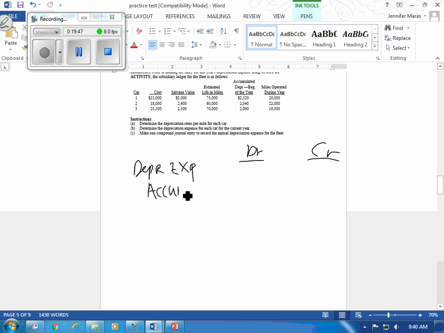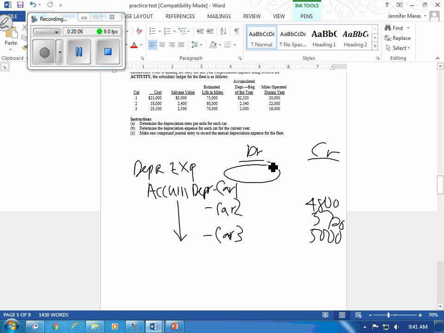Accumulated depreciation: car 1, car 2, car 3. They want you to lump them all together. So that's where you pull your 4,800, your 5,720, and 5,700 for the one debit of 16,220.